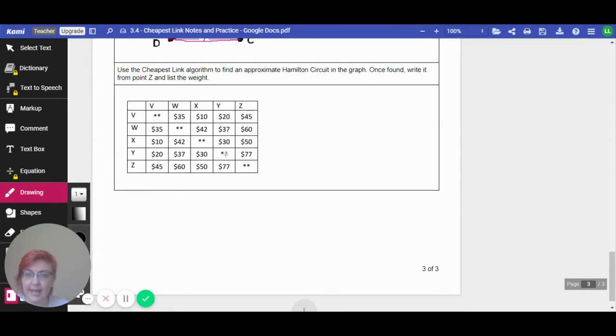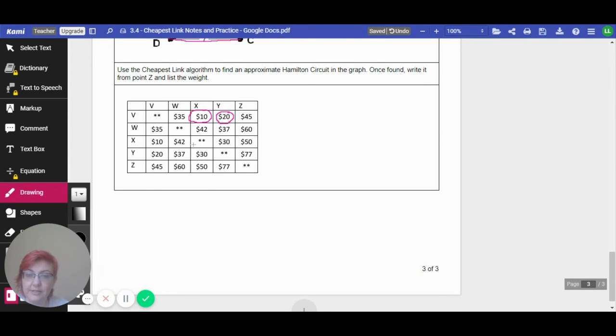The cheapest link I have is 10, and that connects X to V. My next cheapest link is 20, which connects V to Y. Now notice I'm just staying right in here.